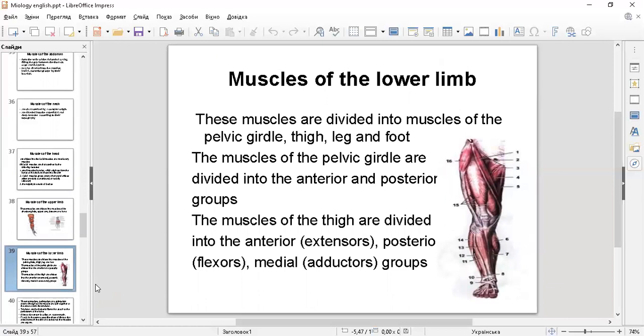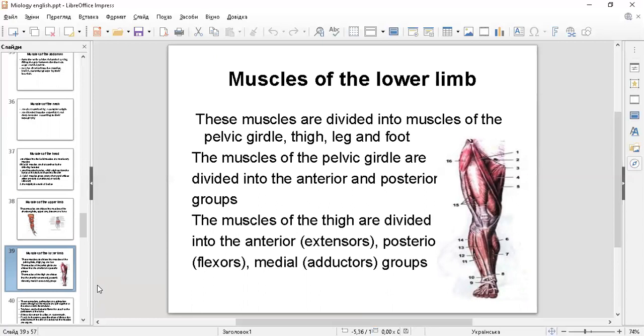Muscles of the lower limb. These muscles are divided into muscles of the pelvic girdle, thigh, leg, and foot. The muscles of the pelvic girdle are divided into the anterior and posterior groups.